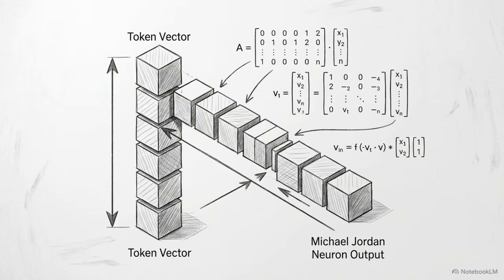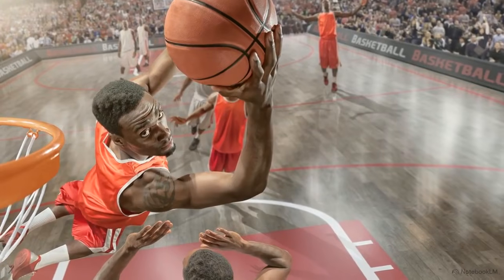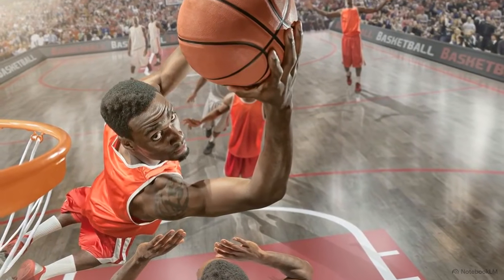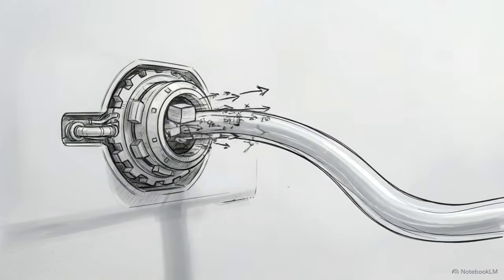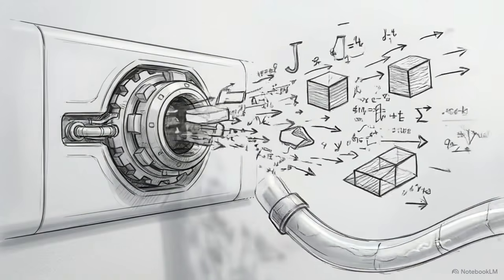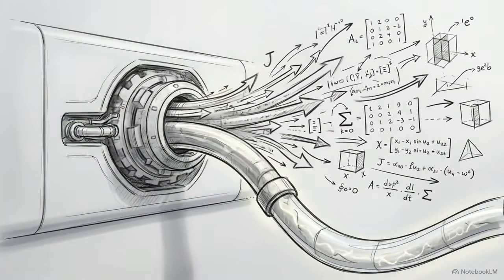Because the Michael Jordan neuron fired, its corresponding column vector is scaled up and physically added back into the original token vector. This addition appends the basketball direction to the vector, updating the data stream with the retrieved fact. The down projection matrix is the actual repository of facts. It injects baked-in knowledge back into the vector based on which specific neurons fired in the previous step.